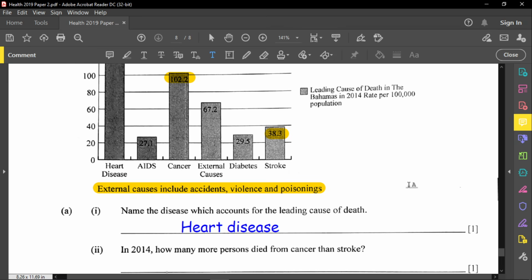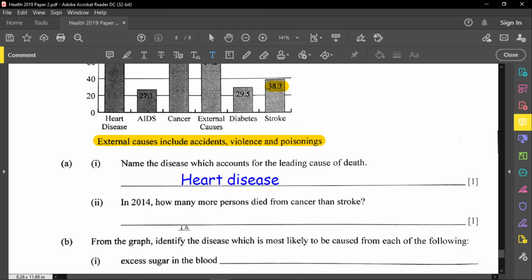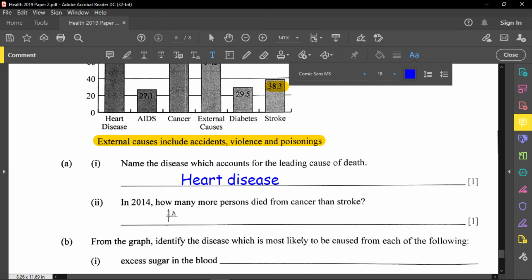All you need to do is subtract those two numbers. So we say 102.2 minus 38.3, and this will give us 63.9. Okay, that's the difference between the numbers.